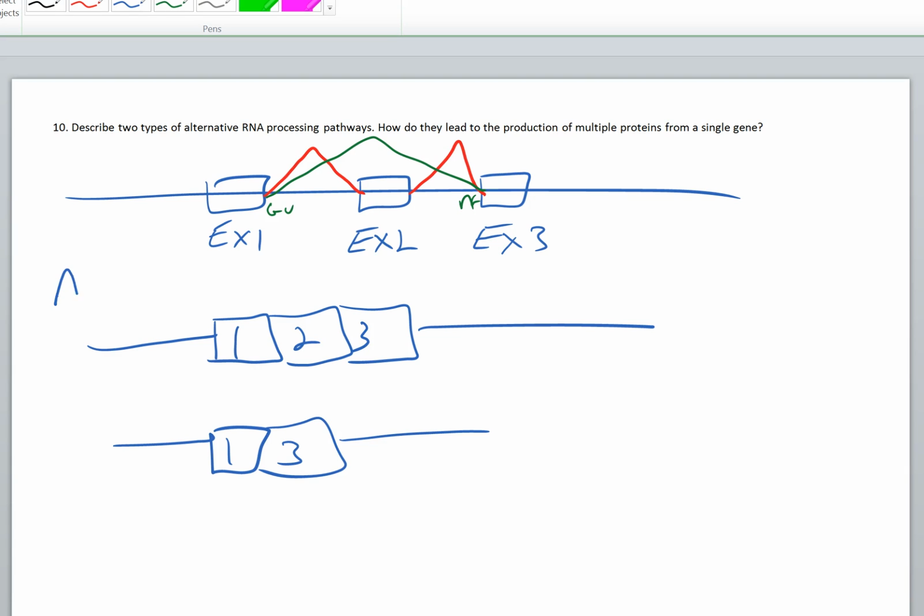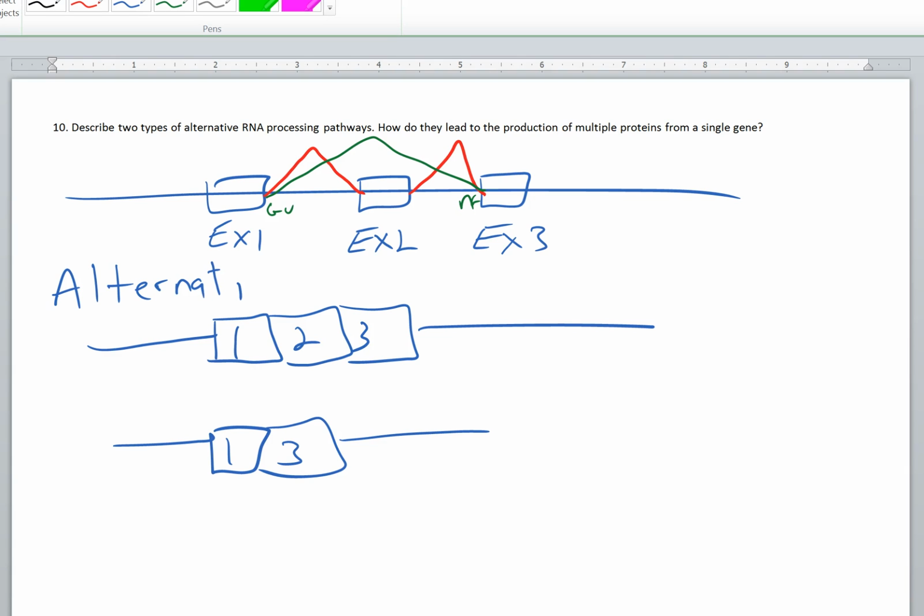So that is called alternative splicing. And we could get different outcomes from that. We're cutting out the middle bit of that gene. If we're getting rid of this, that might have some interesting protein information, and it would give us a different protein for version 1 over version 2. So this is one alternative RNA processing pathway, alternative splicing.